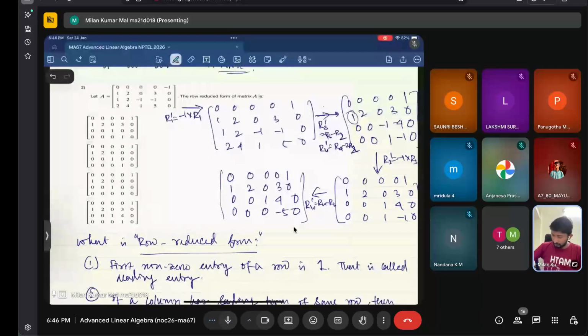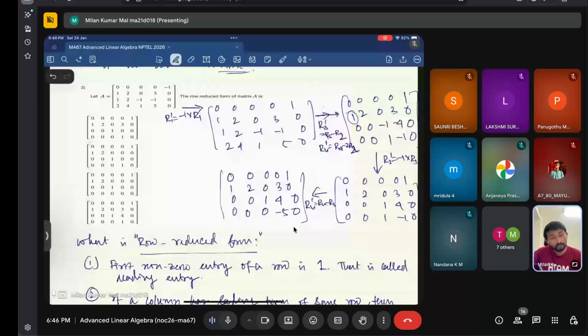Okay, -5. But now let's go to this. Here is the leading term of the third row, and all other entries in that column are 0.